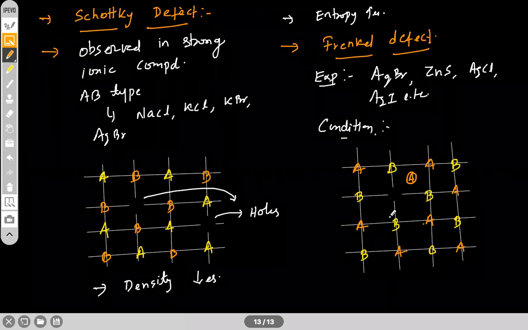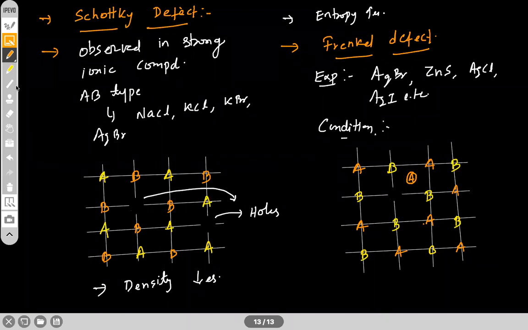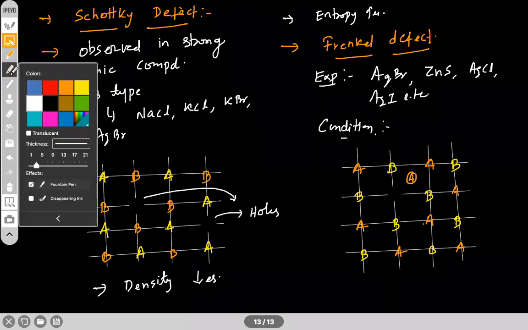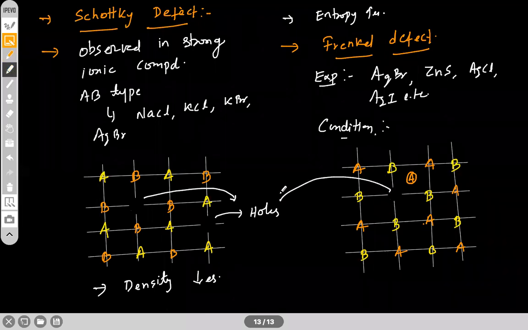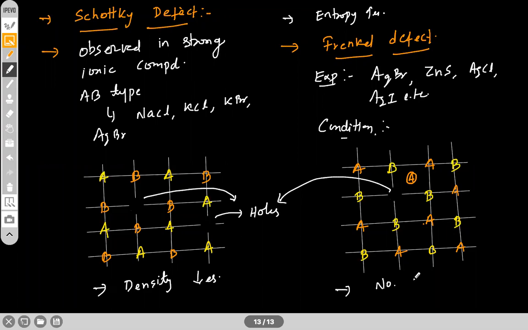It is not coming out of the crystal. It is there in the crystal, but not at the original position. So in this way, we have a hole right here. Since the atoms are not going out of the crystal, its mass won't change, hence no change in density.